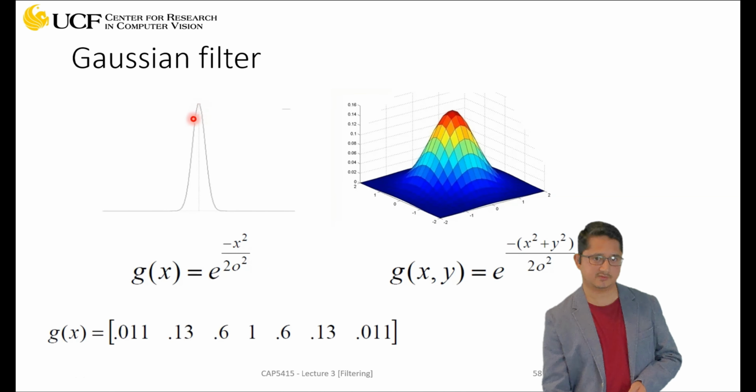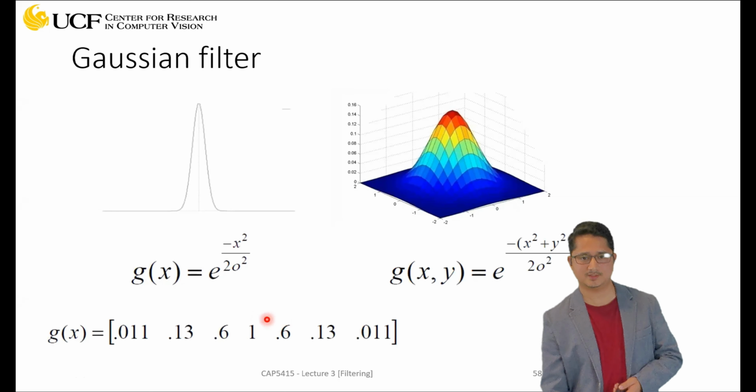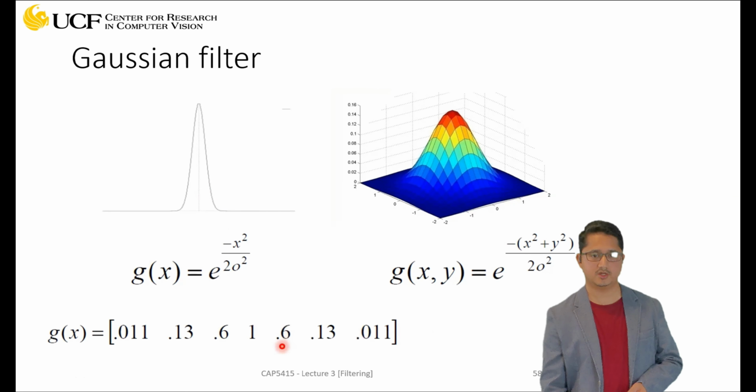And you can see that as we are going towards the left, the value decreases. So we are at 0.6, 0.13. It's almost going to 0. And again, if we go towards the right, we can see it's kind of symmetrical. That's a property of Gaussian. So the values will reduce and gradually become 0. So this is a discrete Gaussian 1D kernel.